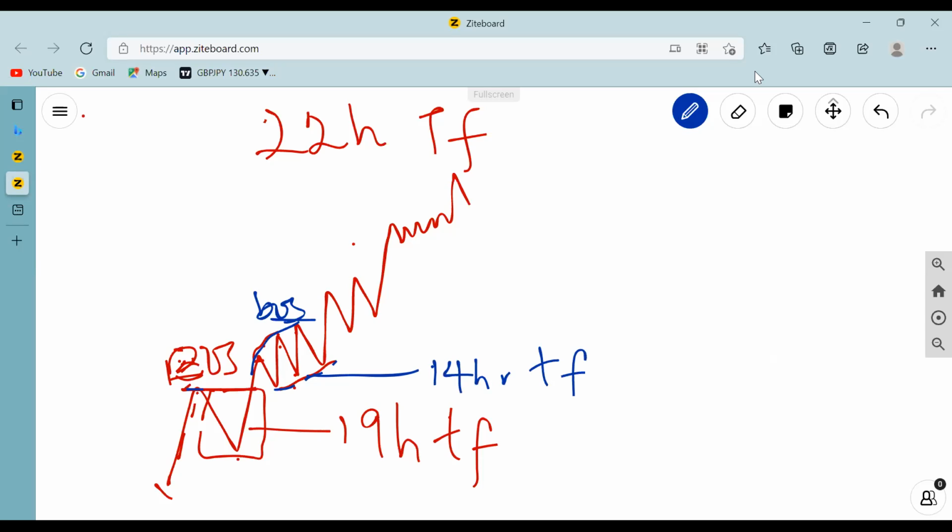Now, the implication of all this that we are writing is that if you leave 22-hour time frame and you go to 19-hour time frame, this structure here that we call 19-hour time frame structure will appear as a major structure range on 19-hour, even though we were in 22-hour time frame.